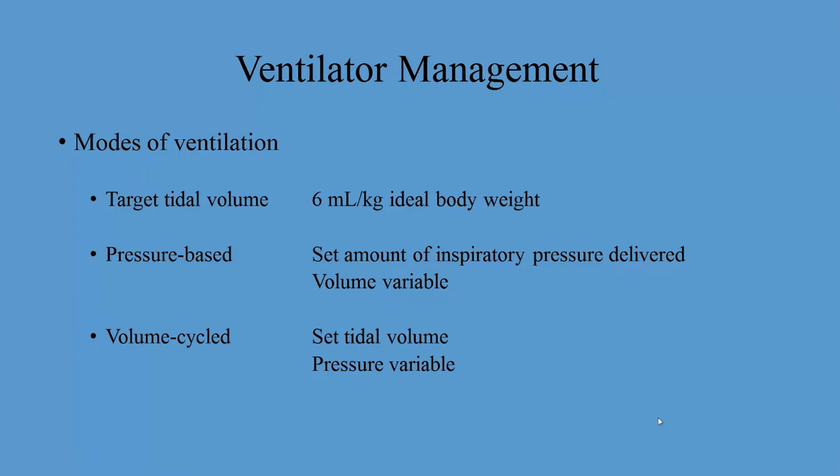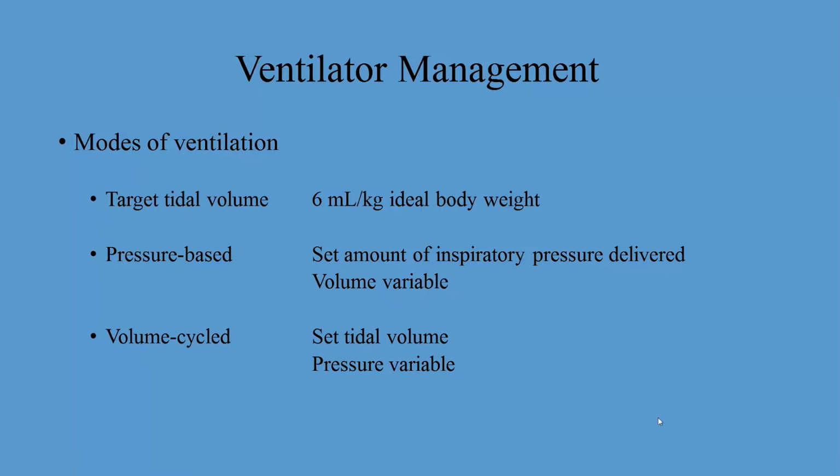Now, you might take into account chronic problems that could lead to a smaller than normal tidal volume, so the restrictive lung diseases, or chronic problems that could lead to a larger than normal tidal volume, which is the obstructive diseases. But regardless, you pick your target tidal volume, then whatever mode you're using, that target tidal volume remains the same. Similarly, decisions about PEEP and FiO2 are independent of what mode you're using.